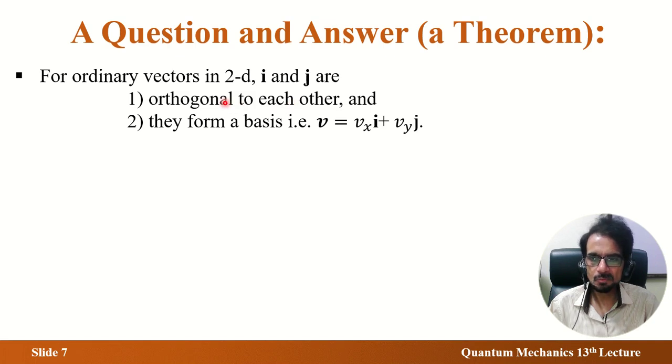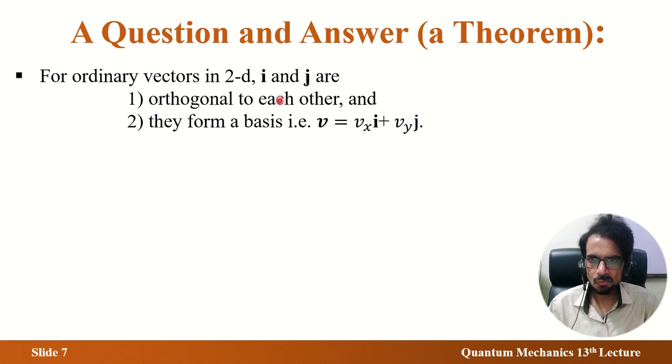So better use the equivalent terminology of orthogonal, so that you can have a transition to ket and bra. Then you recall i dot j is equal to 0. That means i and j are orthogonal to each other.